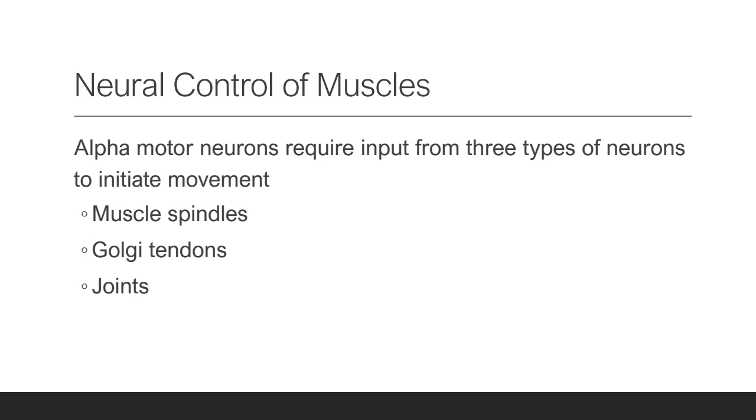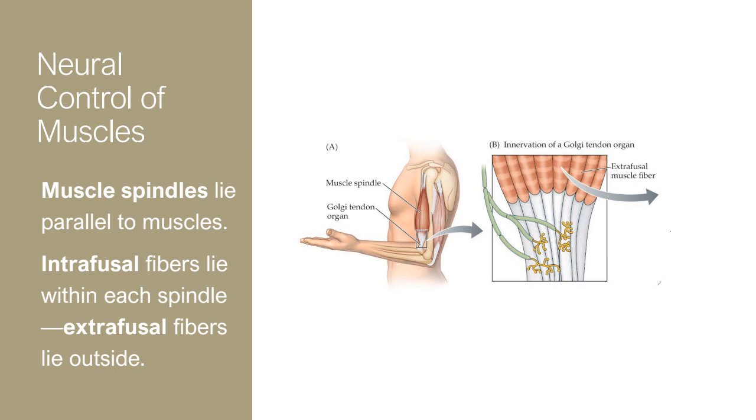We'll look at muscle spindles in a bit of detail. We've also got our Golgi tendon organs, which provide feedback about the degree of muscle contraction or force. And we've got our joints, which provide information about position and movement from those mechanoreceptors in the tissue that surround our joints.